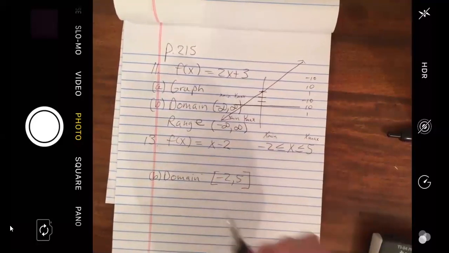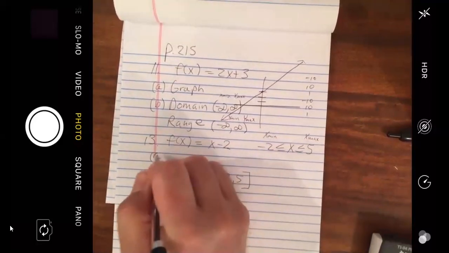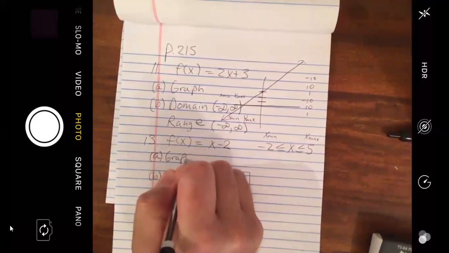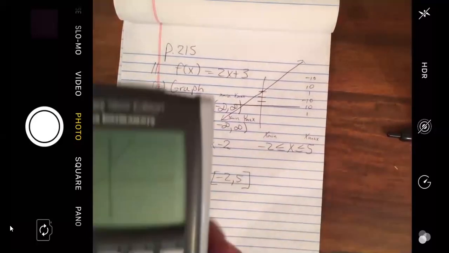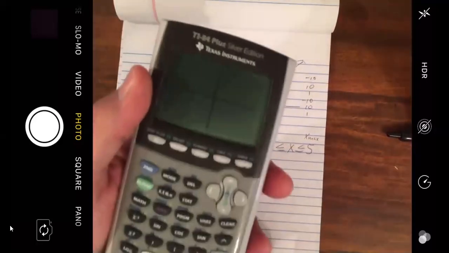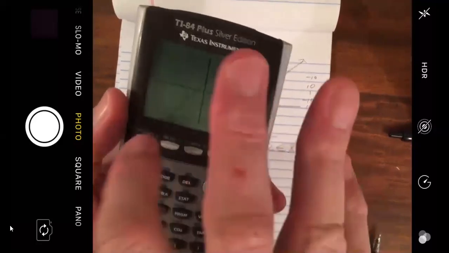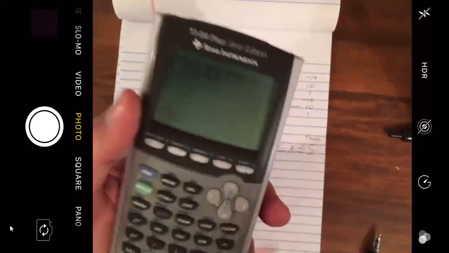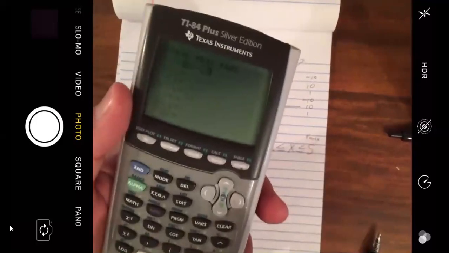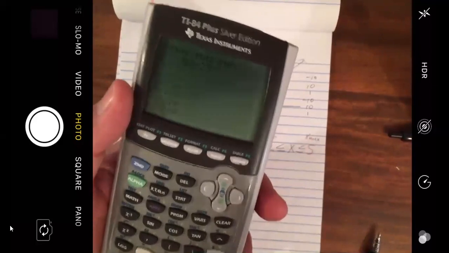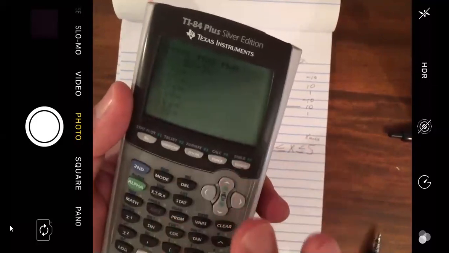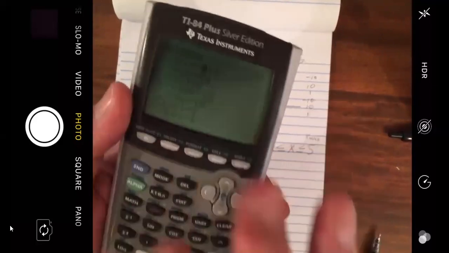All right, I'll give you a quick graph, part A. X minus 2. Okay, but now I'm going to go to the window.